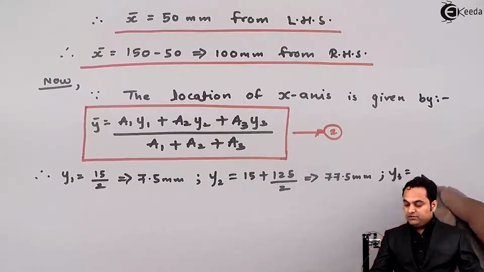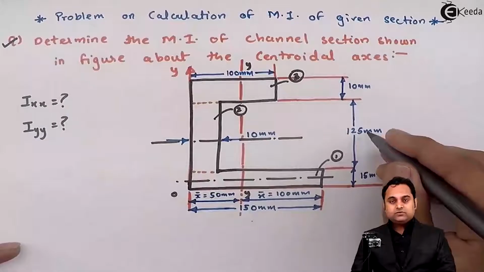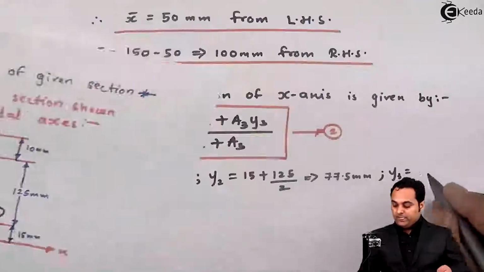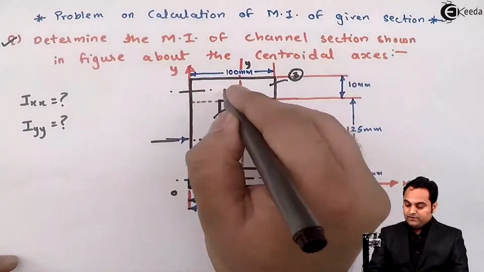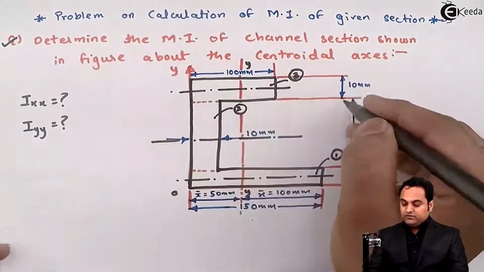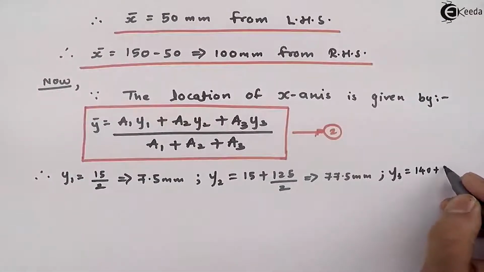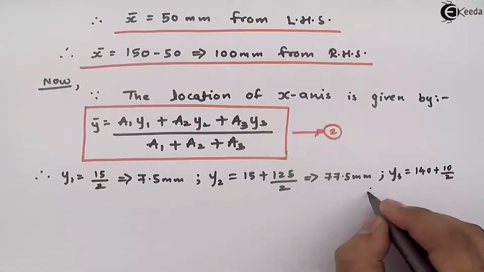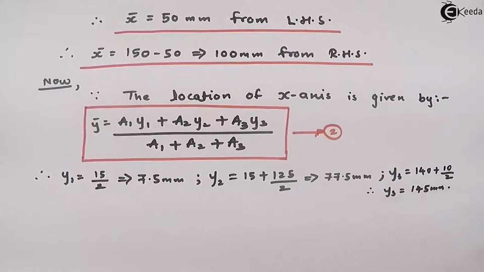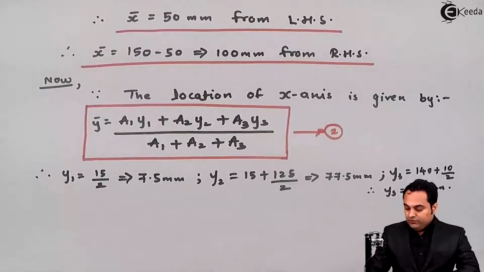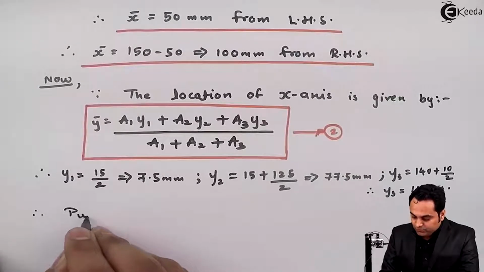Similarly y3: the third rectangle starts after 15 plus 125, that is 140, and its x-axis is exactly at half of 10, so 140 plus half of 10, so y3 is 145 mm.